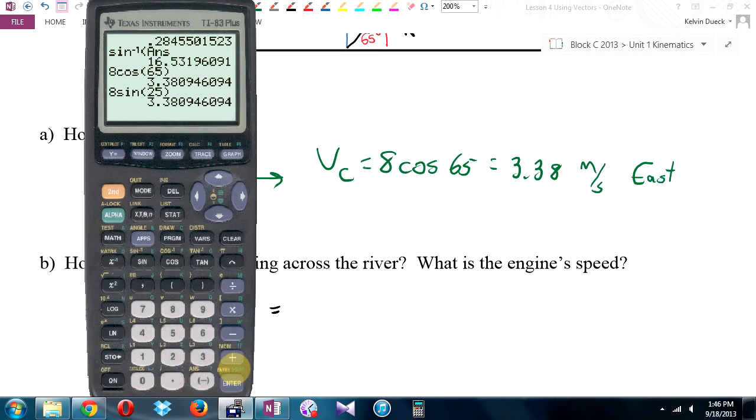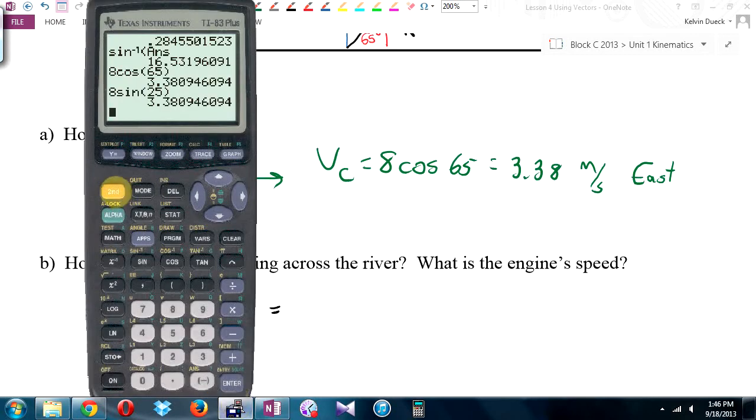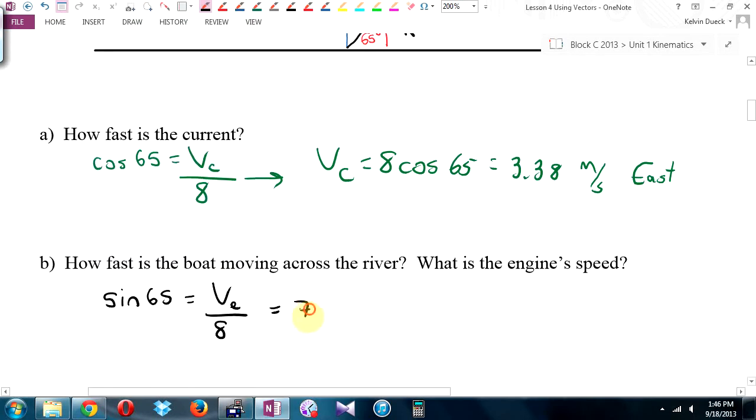The sine of 20 is the cosine of 70. This one is going to be 8 sine 65. Do you get 7.25? Meters per second north. Okay.